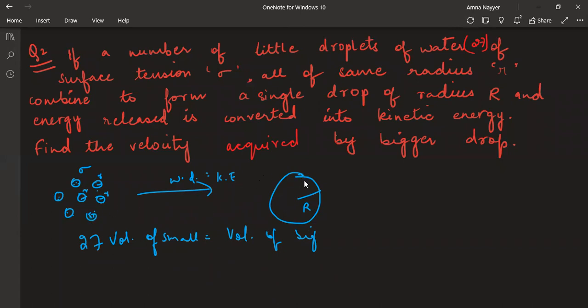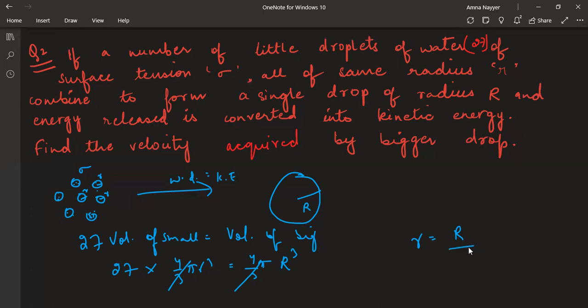Volume of the smaller drop will be 4 by 3 pi r cube, and this will be 4 by 3 pi capital R cube. 4 by 3 pi gets cancelled. This becomes small r equals capital R by 3.